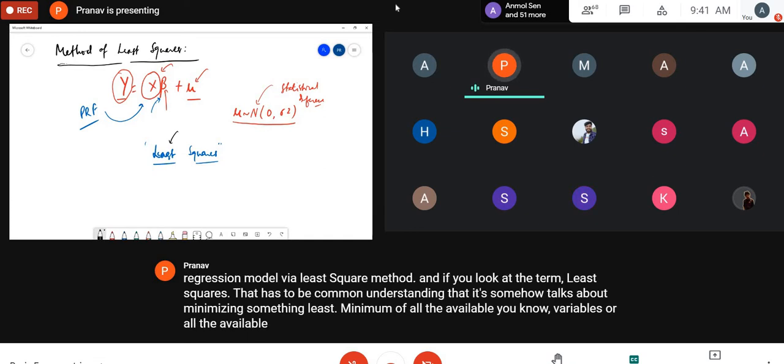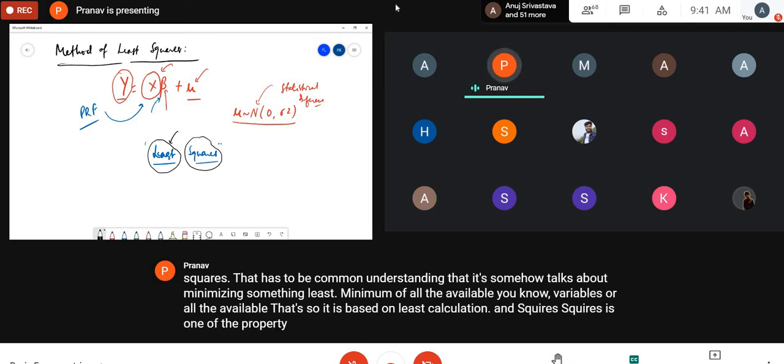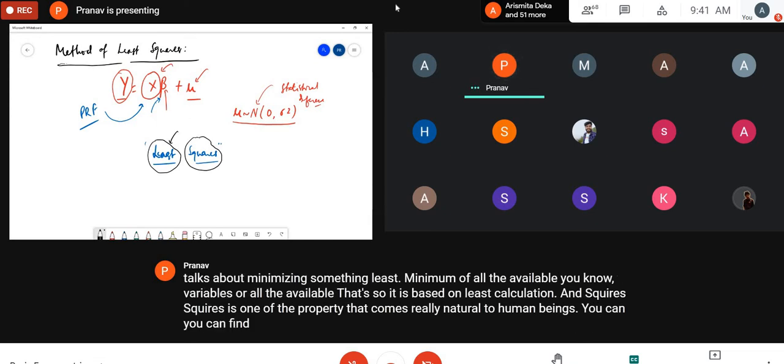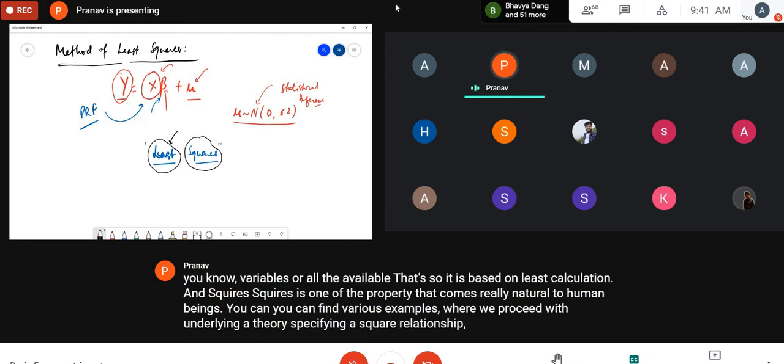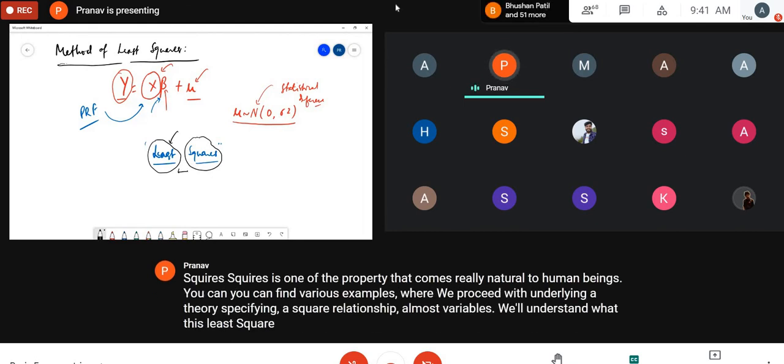That's why it is based on least. And square is one of the properties that comes really natural to human beings. You can find various examples where we proceed with an underlying theory specifying a square relationship amongst variables. We'll understand what this least square principally means and how this process goes ahead.